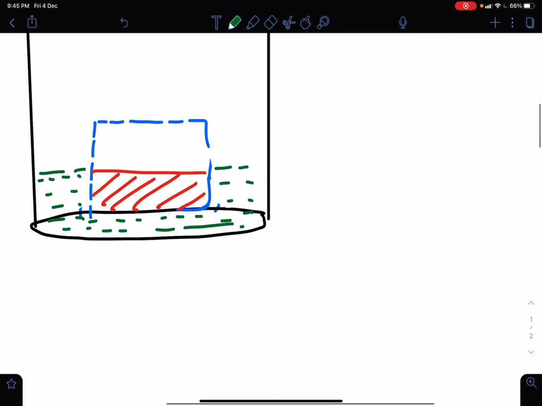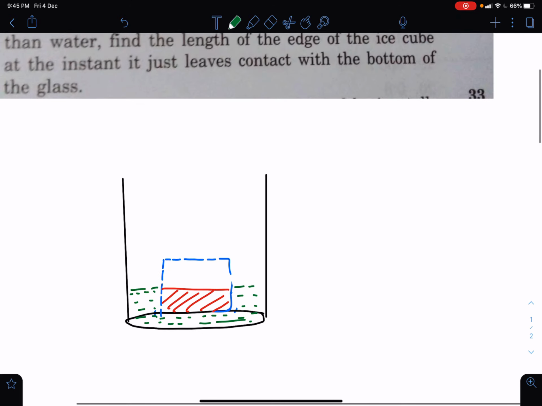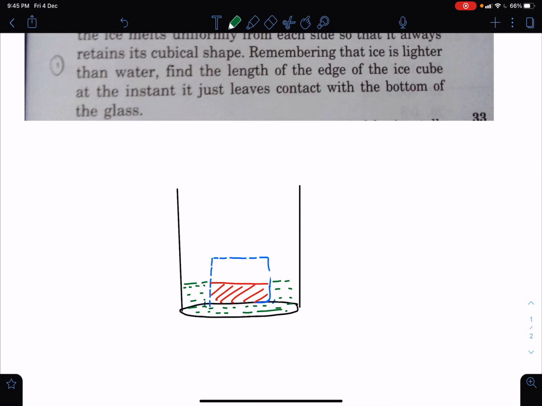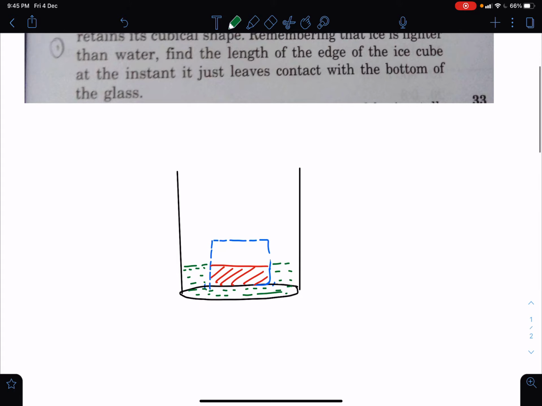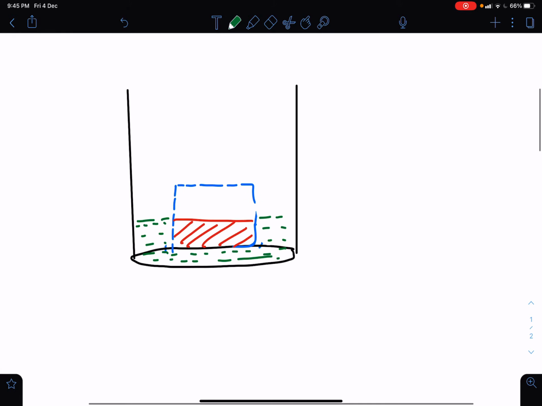At that time the cube will go up and start to float. And we have to find the length of the ice cube when this is just going to happen.